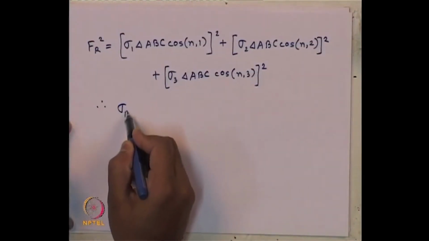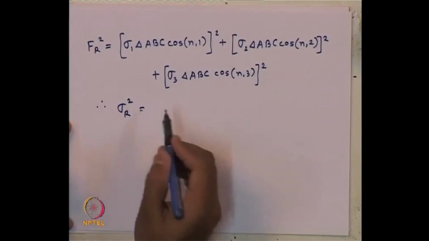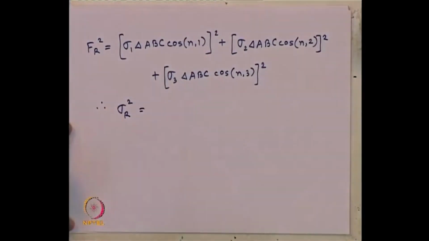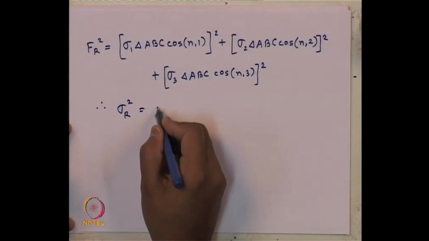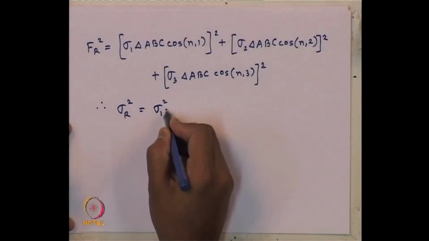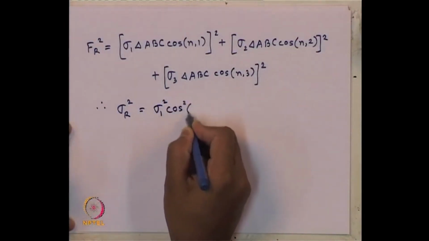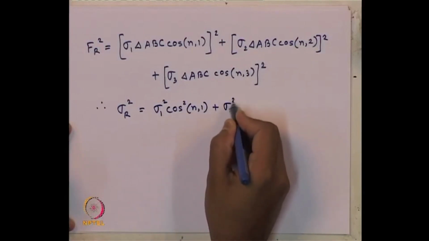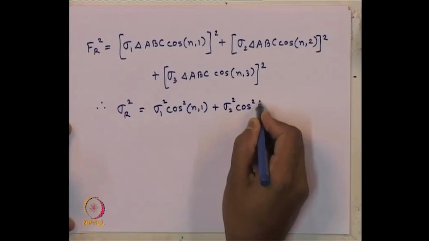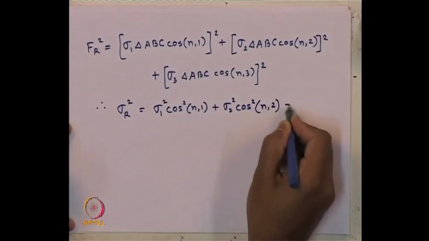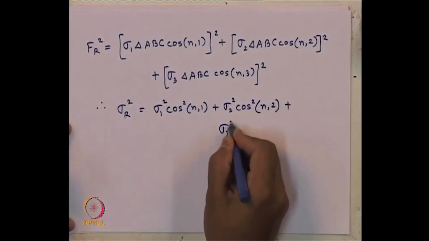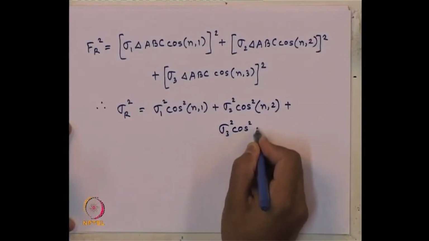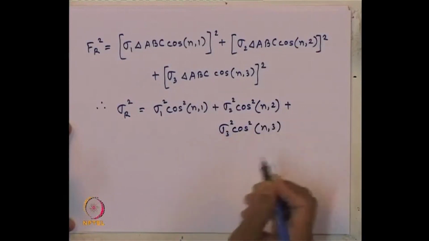Therefore, for sigma r square, this ABC square we can cancel from both sides, and it boils down to sigma 1 square cosine square n1 plus sigma 2 square cosine square n2 plus sigma 3 square cosine square n3.